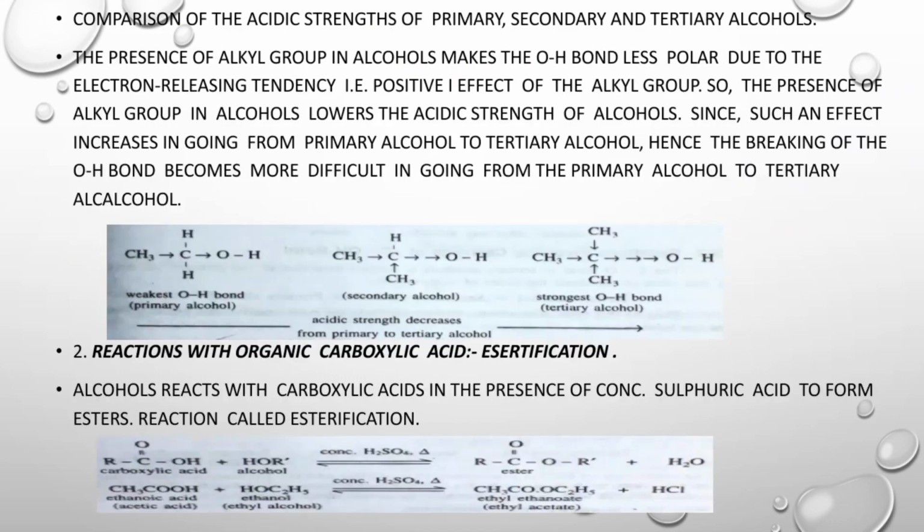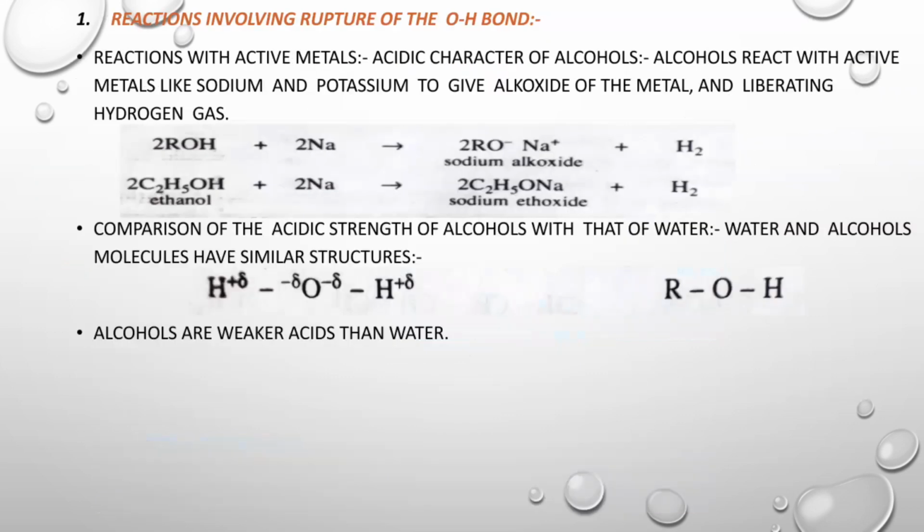As we know, the general formula of alcohols is ROH, and the structure of water is HOH. Here in oxygen there is a partial negative charge, and in the hydrogen a partial positive charge is present, in both of the hydrogens, and oxygen also has a partial negative charge.